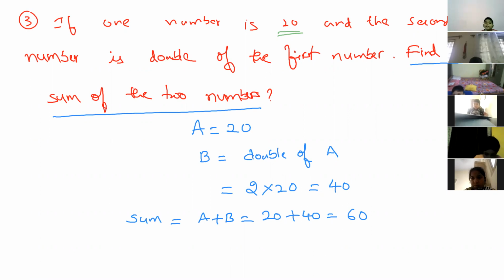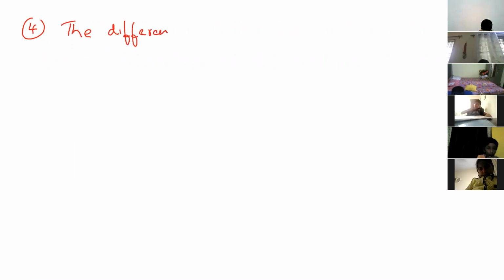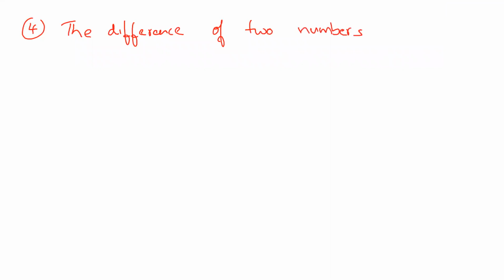Okay, mute yourself. Next question. Fourth one. The difference of two numbers is 32.